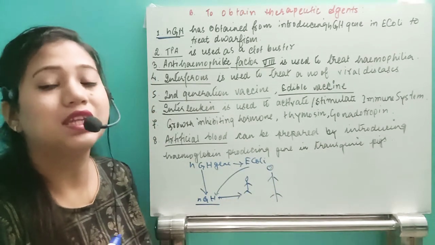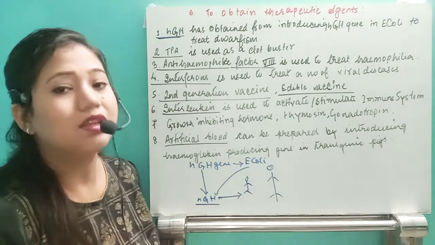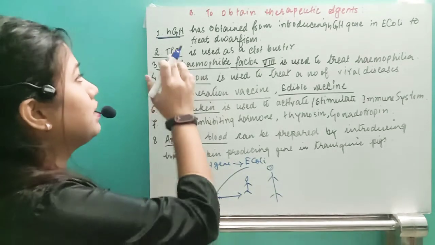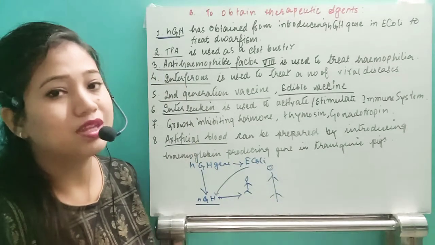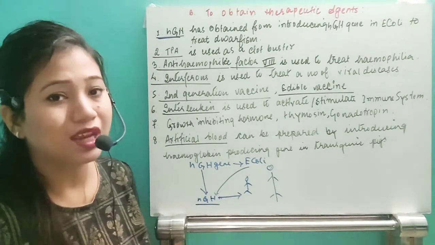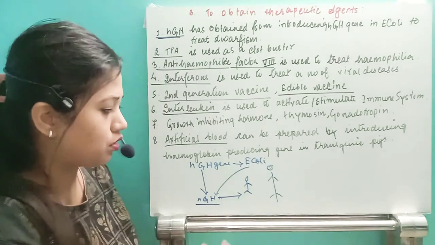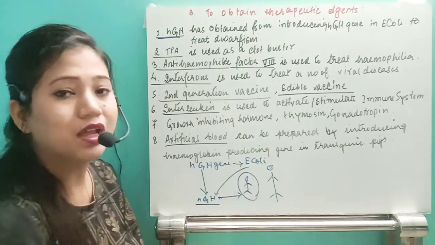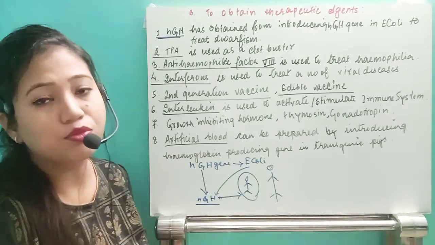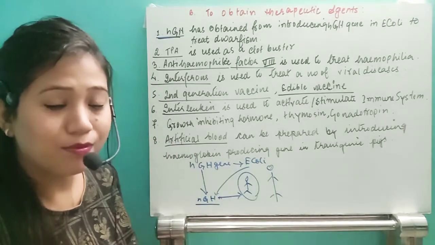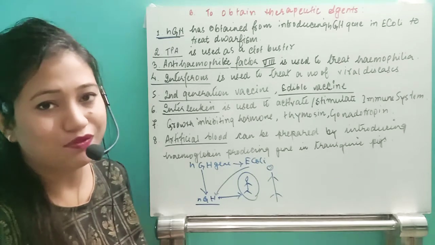So this way it can be treated. The people suffering from dwarfism can be treated by this biotechnological use, that is by human growth hormone, which that individual by himself cannot produce. So that's why it is synthesized artificially with the help of biotechnology to treat dwarfism.